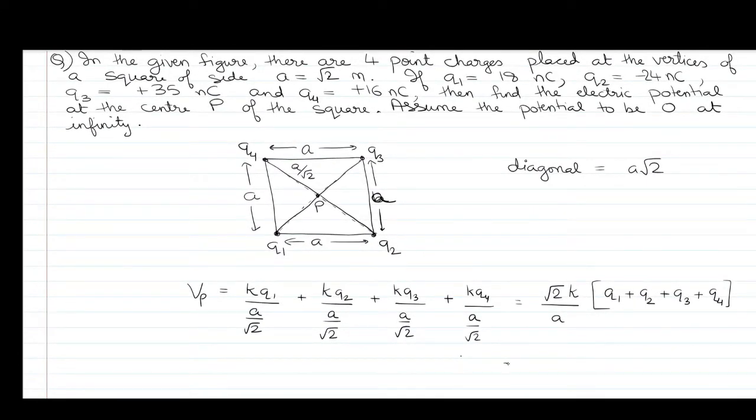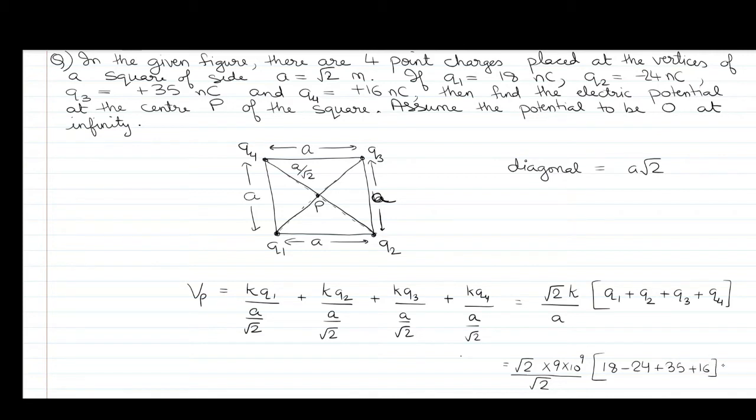So it will be root 2, k is 9 into 10 to the power 9, upon a. A is root 2, and q1 is 18, q2 is minus 24, q3 is 35, and q4 is 16.